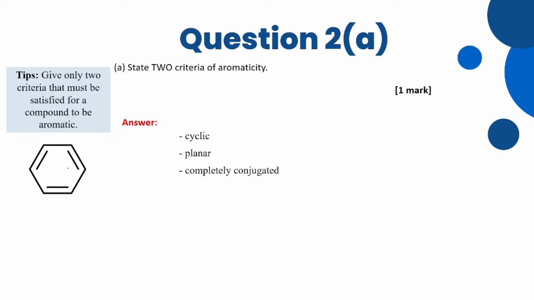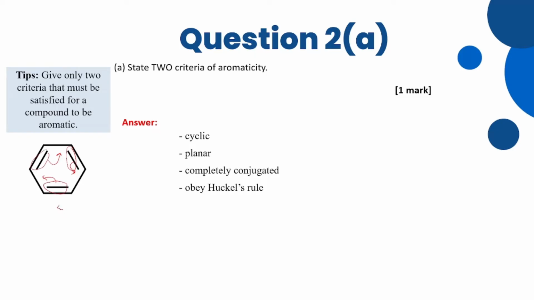Next, it is completely conjugated because it has carbon-carbon double bond, single bond, double bond, single bond, so electrons can be delocalized in order to become stable. And next, it obeys Huckel's rule because in this case it has 2, 4, 6 electrons.